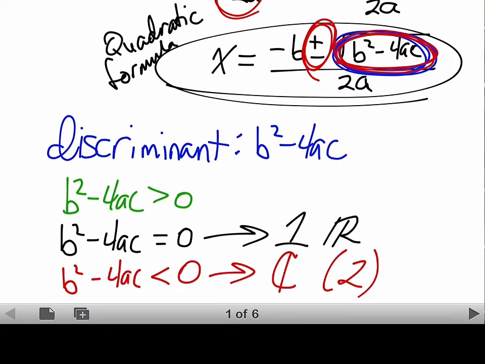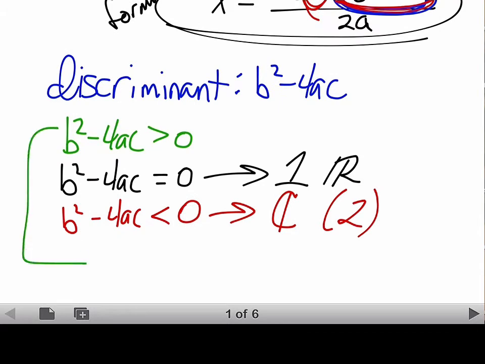If the discriminant is positive, this breaks down into more possibilities. First off, we're going to have real solutions because it's a positive radicand. But because of the plus or minus, we're going to have two of them.